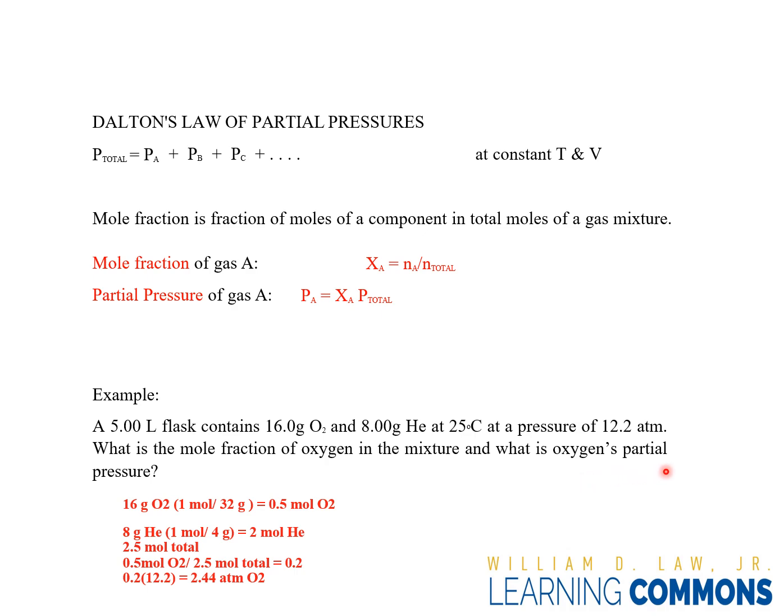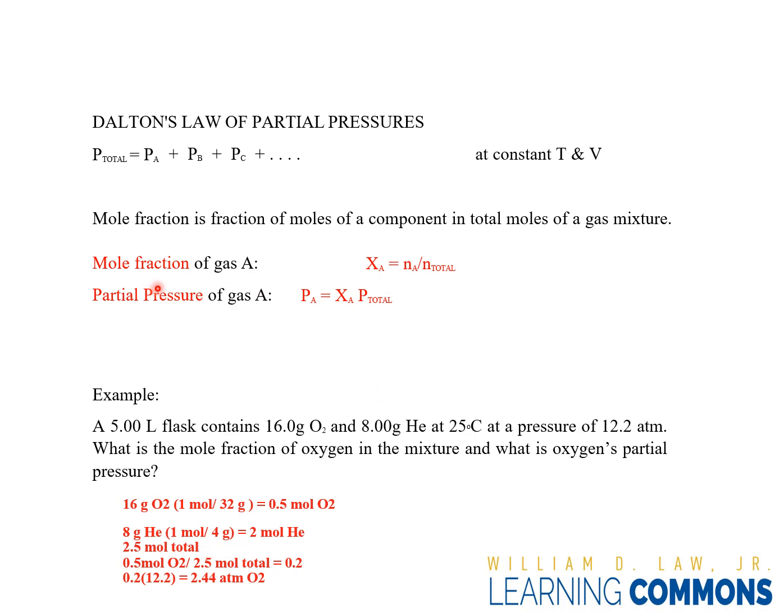Let's start by converting the oxygen and the helium to moles. After I convert to moles, the oxygen is 0.5 and the helium is 2, I add them together, and I got the total moles.